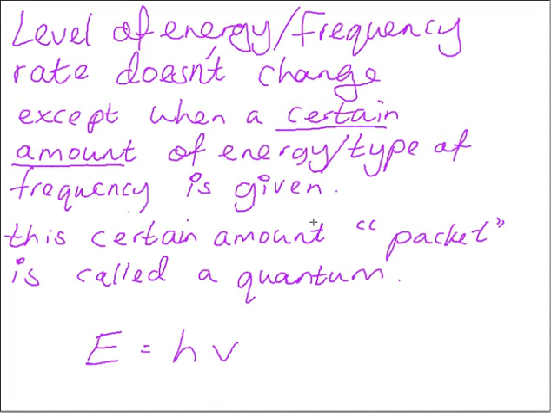And this certain amount that is necessary for this change comes like a packet of energy. It's a certain amount. It's a packet, and it is called a quantum of energy.